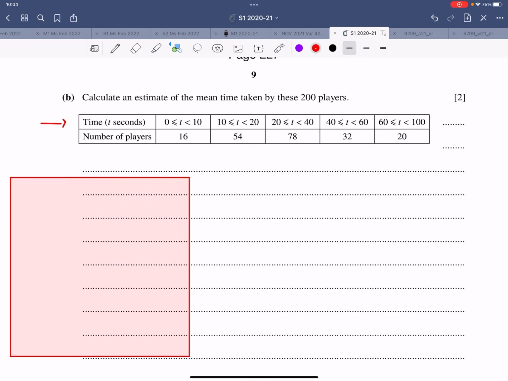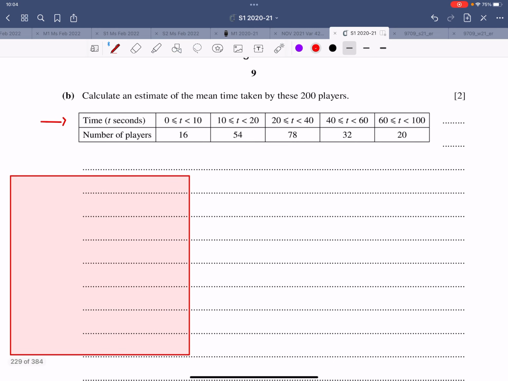This table is something, let me just make a box out of it. And this is class boundaries, and then frequency, and then class width, and then frequency density. So the class boundaries are 0 till 10, and 10 till 20, 20 till 40, 40 till 60, and 60 till 100.